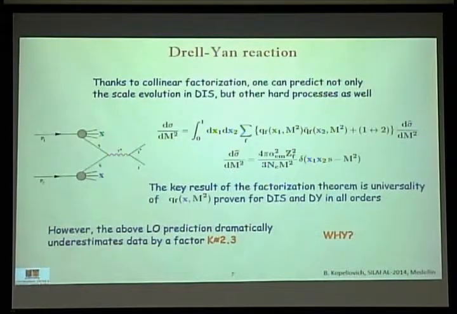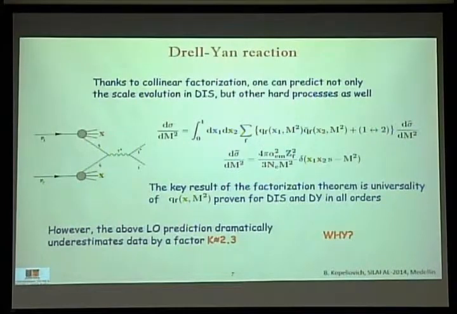And another advantage of the factorization theorem is universality, the possibility to use the same parton density in other processes, and it's proven for Drell-Yan, and make predictions. So the Drell-Yan process is the annihilation of q q-bar from colliding hadrons, which produce a lepton pair, and it's a very good process for experimental detection, especially muons.